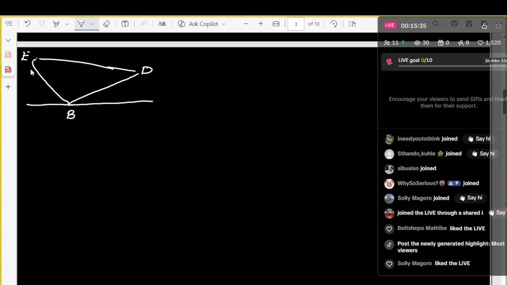Let's just put some angles there so that we can work on this. Let's say this angle here is 38 degrees, and then let's say this angle will be 29 degrees.